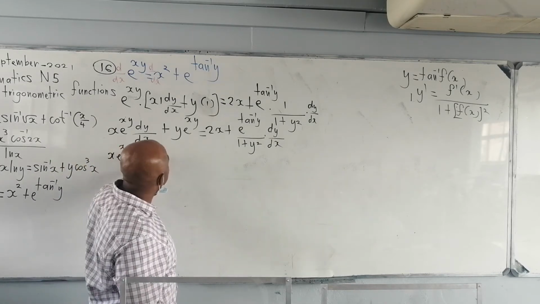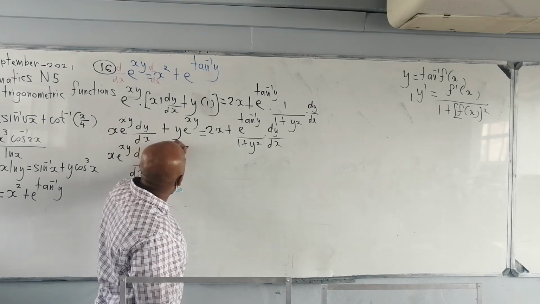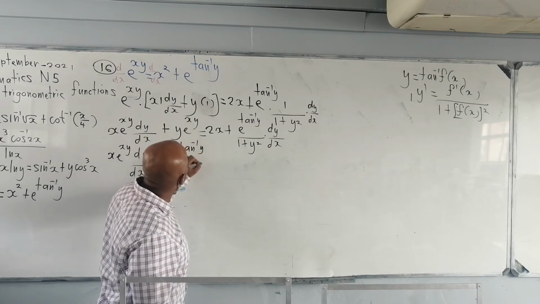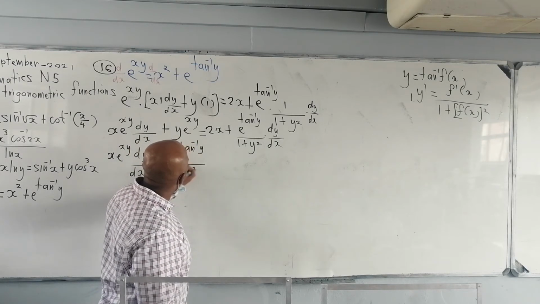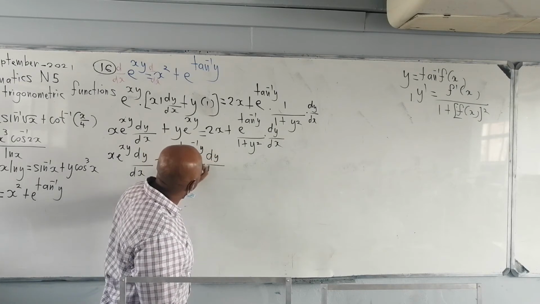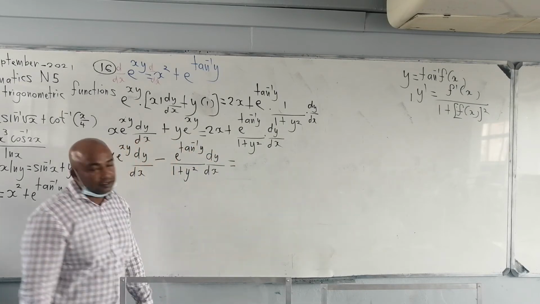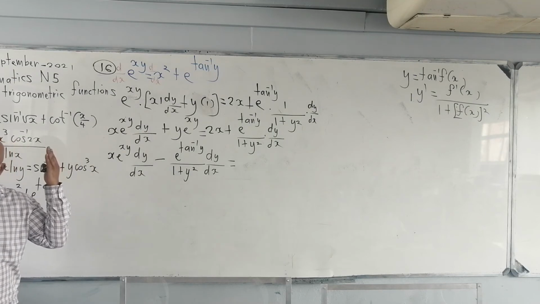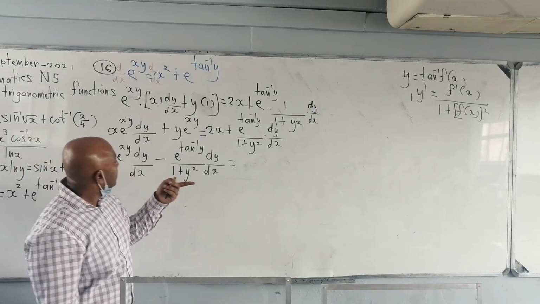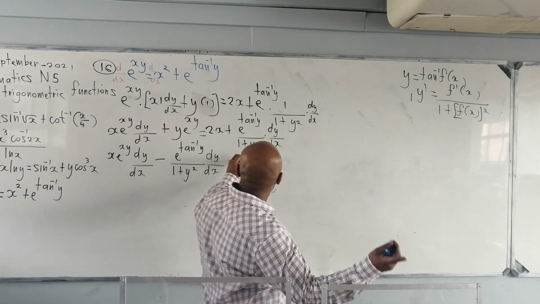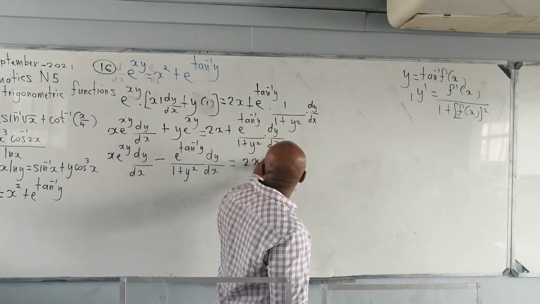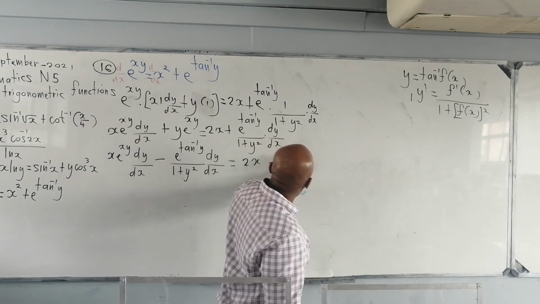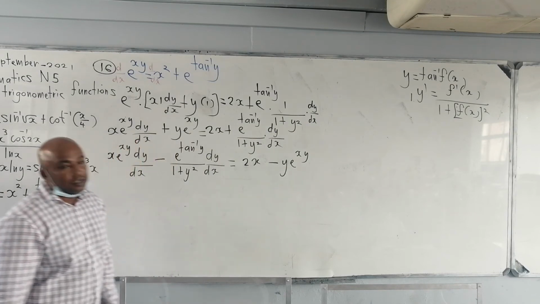Take this to the left, minus e to the power inverse tan y all over 1 plus y squared times dy over dx. So I've got all my dy over dx's on one side. Whatever does not have, keep it on the right. So that's 2x minus y e to the power xy.